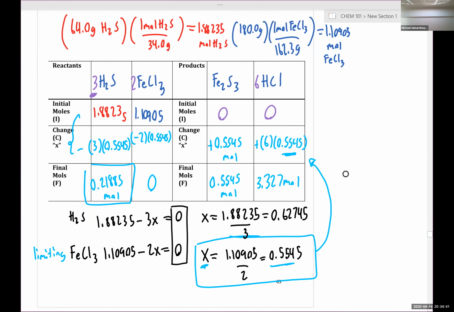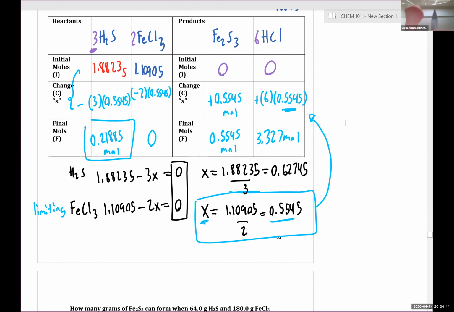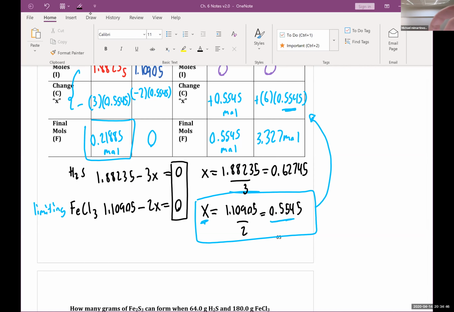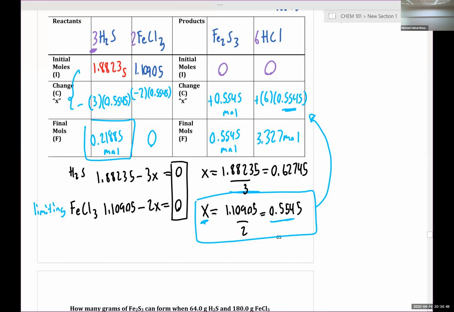So then, reading our original question, we're asked how many grams of iron 3 sulfide can form. So all we have to do to complete this problem is to take our moles. So we have 0.5545 moles of Fe2S3.